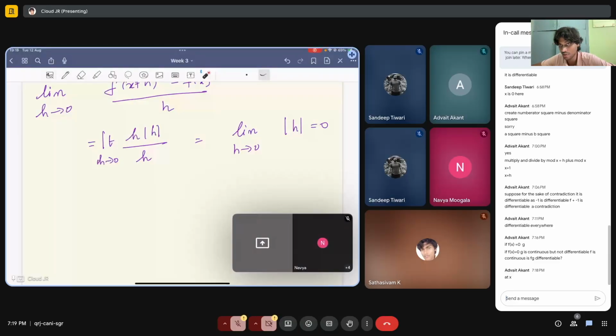G is continuous but not differentiable. Do you know that f is continuous? Okay, f is continuous.